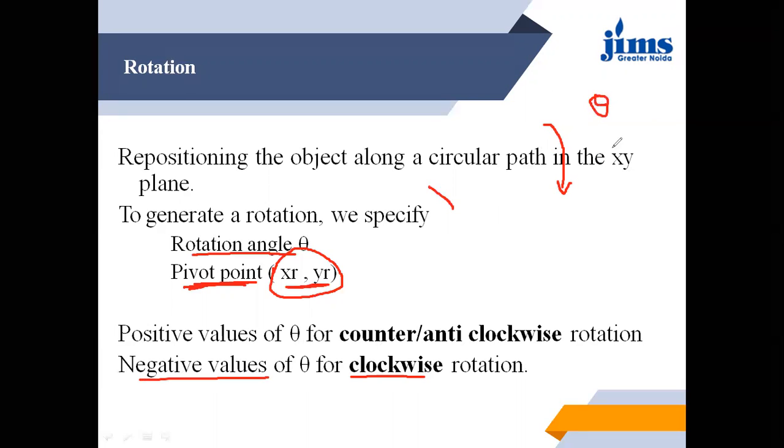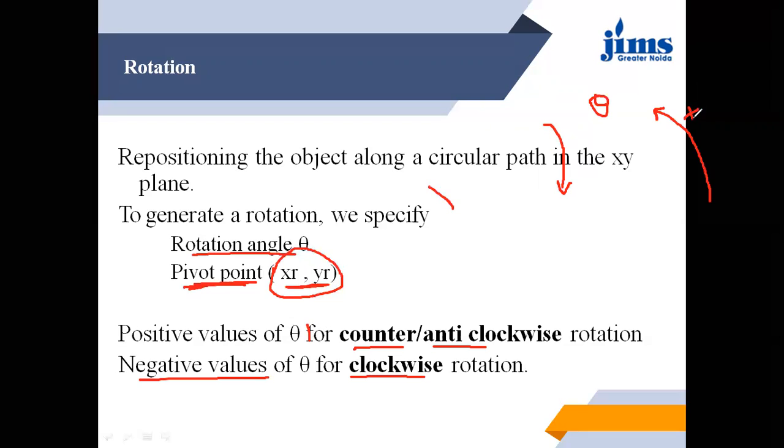And when we are rotating in anti-clockwise, which is also called counterclockwise, then the value of theta is plus.